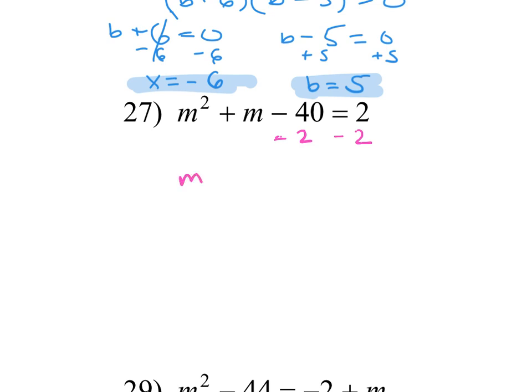What's negative 40 minus 2? Negative 42. Thank you. What are two factors of negative 42 that add to 1? 7 and negative 6. Perfect. So we have m plus 7 times m minus 6. What do we do next?